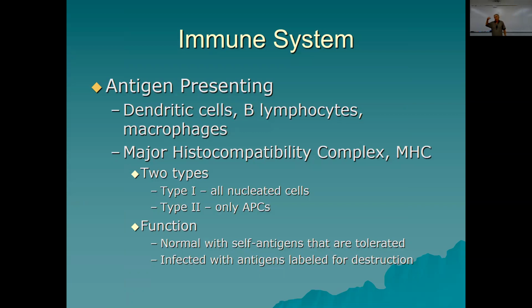If they're infected by a virus, they put a part of the viral protein with type 1, and then this is a suicide signal telling the immune system to come along and kill me. And so those cells have been labeled for destruction, either transformed cells that become cancerous or cells infected by a virus.